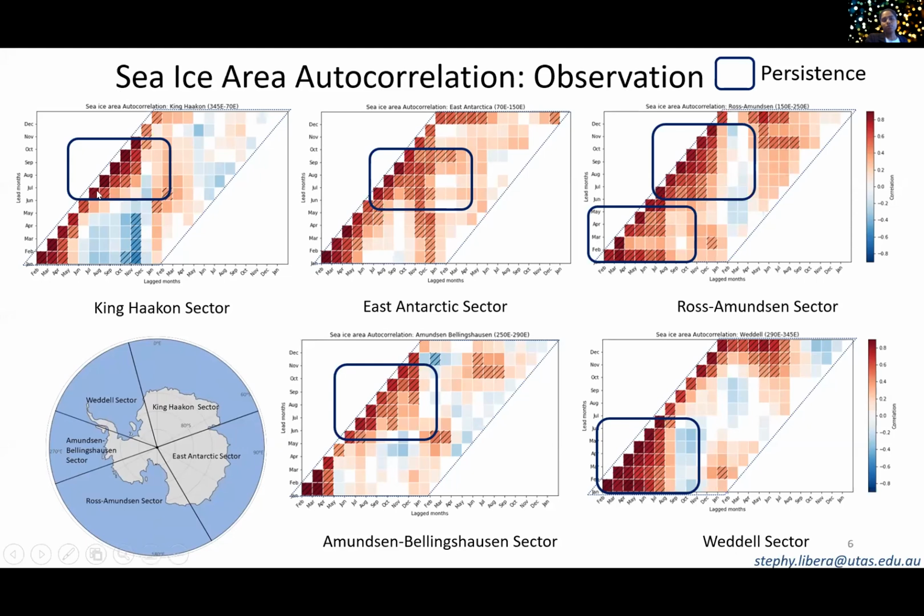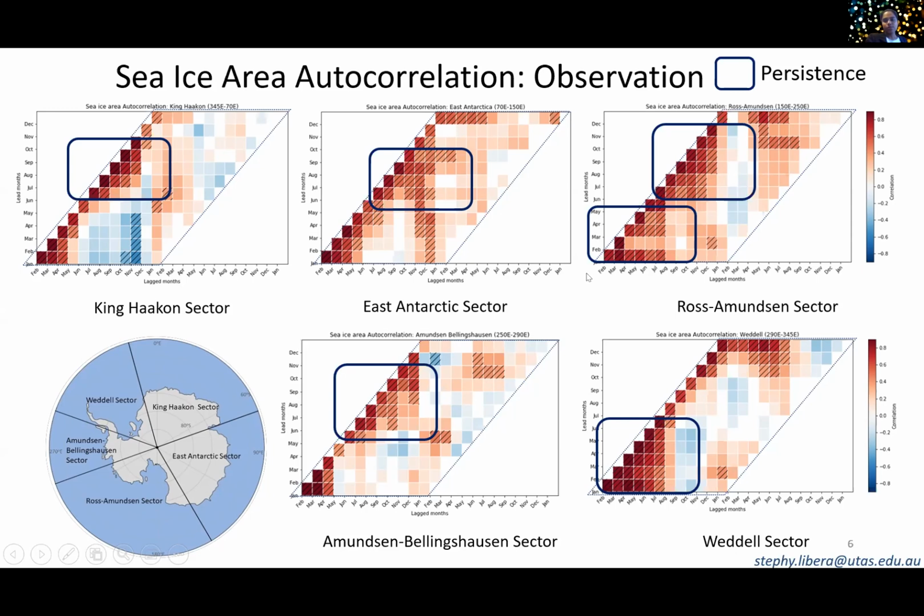We can see that most of the sectors have predictive patterns in the winter months, except for Weddell. But in the Weddell sector, you have a strong persistent pattern occurring over the summer months, and something similar in the Ross Amundsen sector.